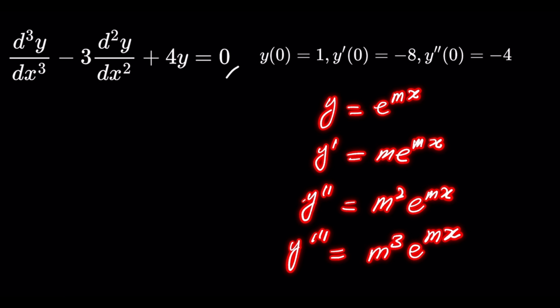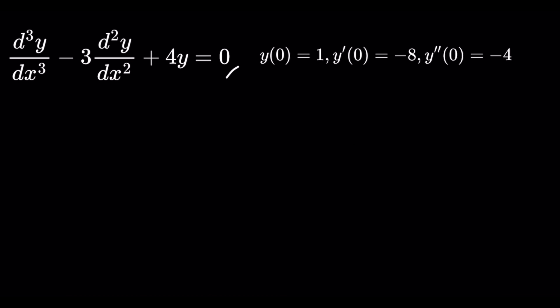Substituting these values, we will factor out e^(mx), which will be common in all three terms. We know that e^(mx) cannot be equal to 0, so we will directly be writing the auxiliary equation here.